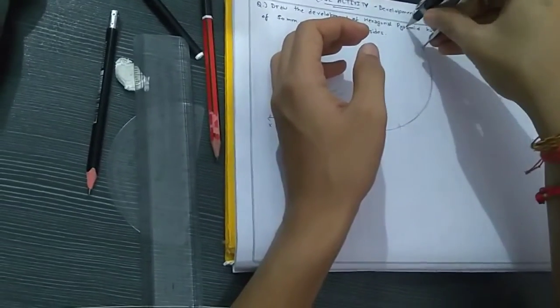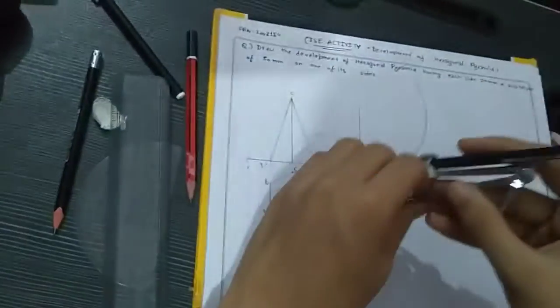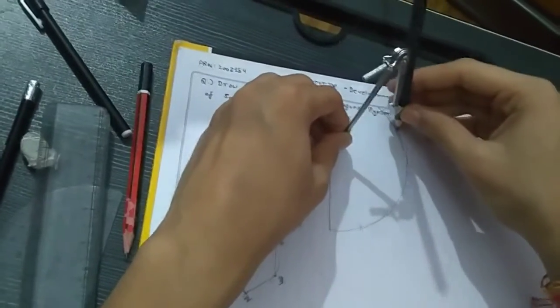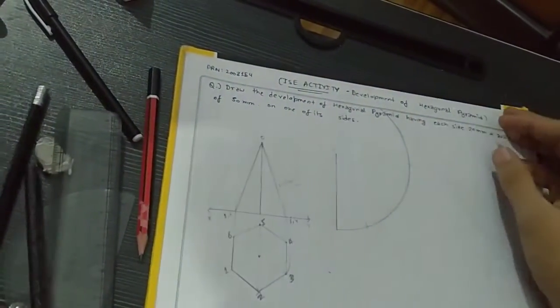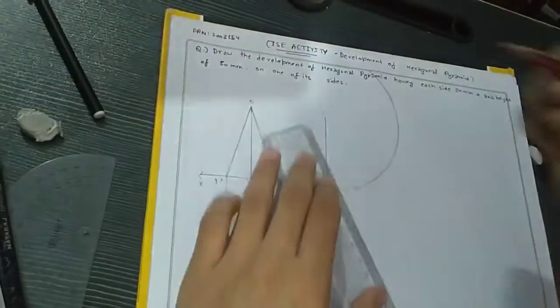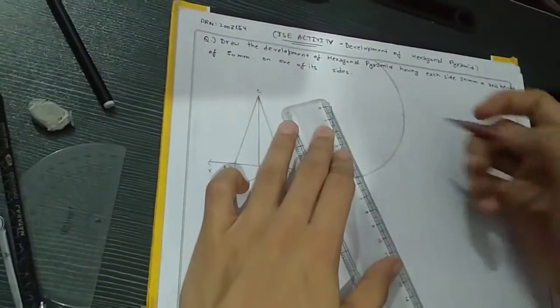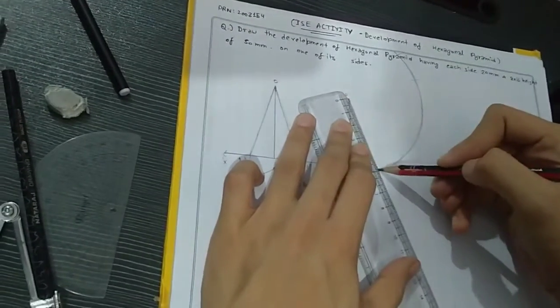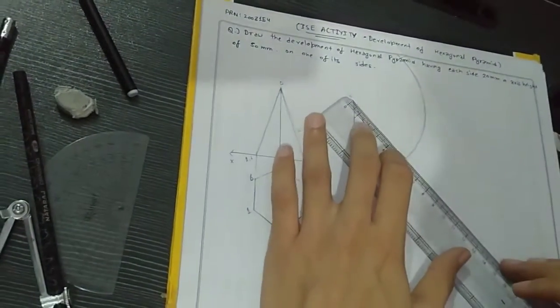Sorry for this unclarity. I have drawn that arc in the question, I should have taken that arc a little bit below. So now we have to join this arc with the help of the center, and all these arcs are measuring 20 mm. So we have to join this.